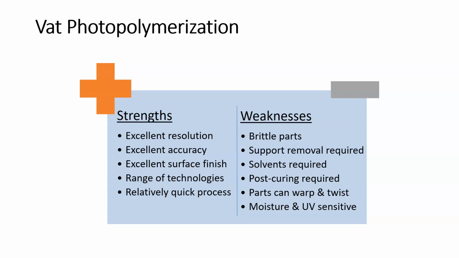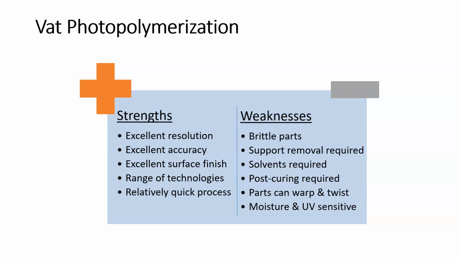It can handle a range of different technologies, so you have DLP, SLA, CLIP, all the other ones. There are new ones out there as well. And it's a relatively quick process. Actually, the fastest known 3D printing process right now is a vat photopolymerization technique. So it's very, very fast.